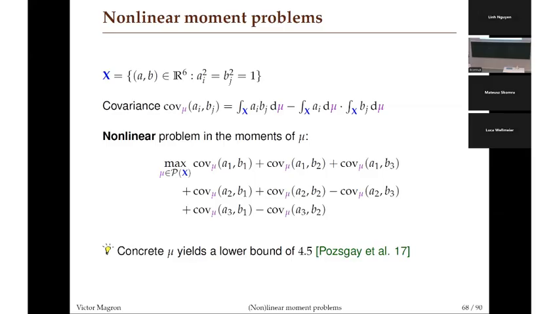But this is already not easy. If you do that, you get a lower bound of the maximum of 4.5. Then the question is, what is the actual maximum? At the end of the talk, I will answer this question.